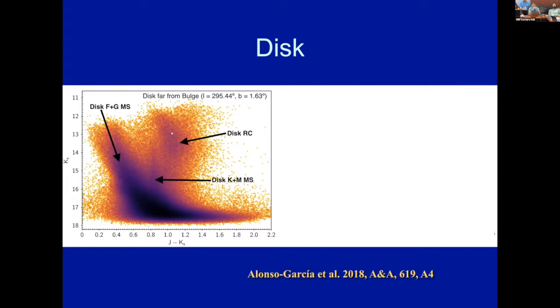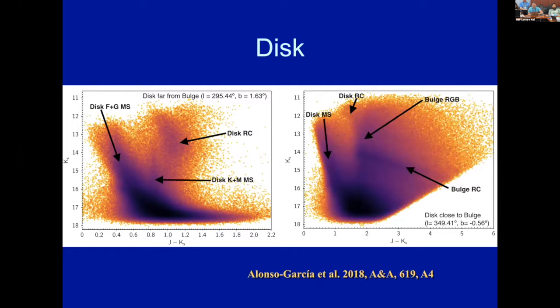For the foreground disk. If we try to do the same thing, moving a little closer to the plane of the galaxy and also to the bulge, we found that there are some other red giant stars kicking in and complicating our CMD.